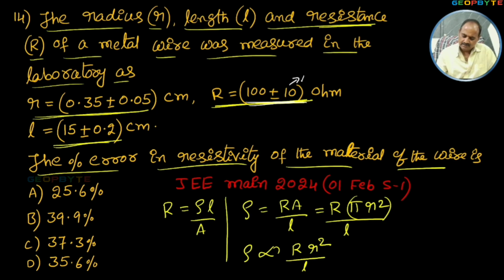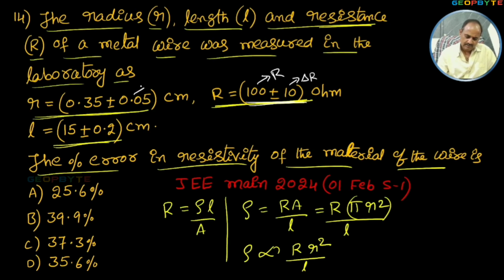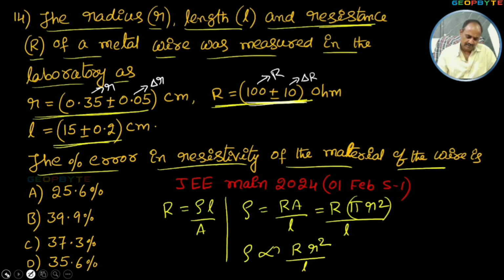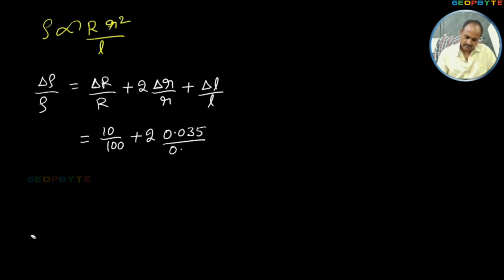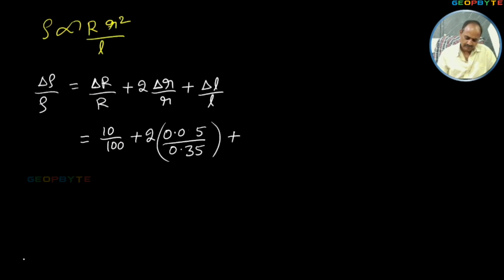This is delta R, this is R, so 10 by 100, plus 2 into small r: 0.05 by 0.35, okay, plus delta L, 0.2 by 15.